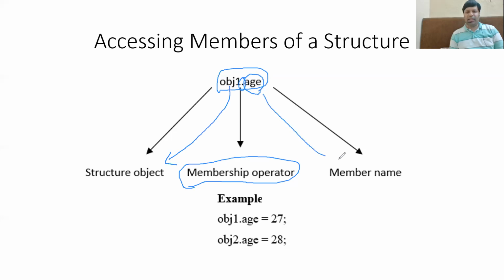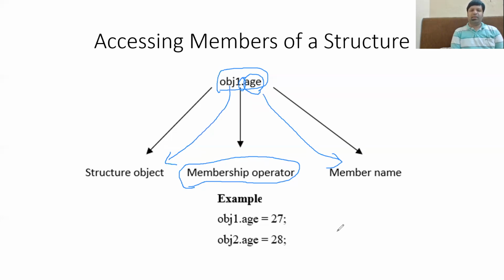So what is the age? Age is the member name which I want to access. So the syntax actually consists of 3 things. One is the name of the object, the membership operator, and then the member name. Because object 1 is a simple variable, the membership operator that will be used is dot.